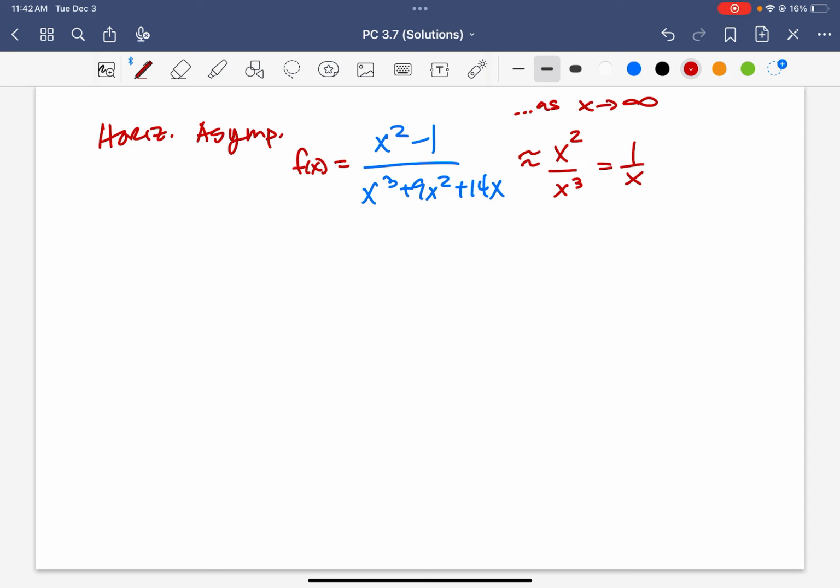So it seems like it wants to be this for big x's, which means it wants to go to 0. So y equals 0 is a horizontal asymptote of this function. Cool. So that was number 16.